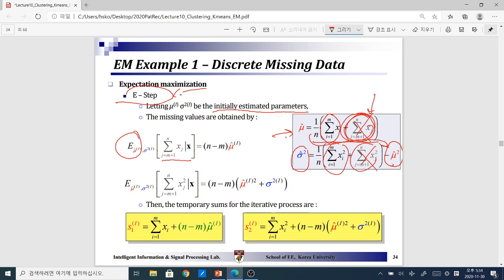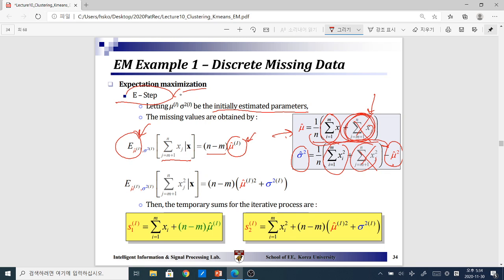That missing part can be done by essentially an estimation, and that estimation is essentially to multiply, let's say that suppose the mean happens to be known.